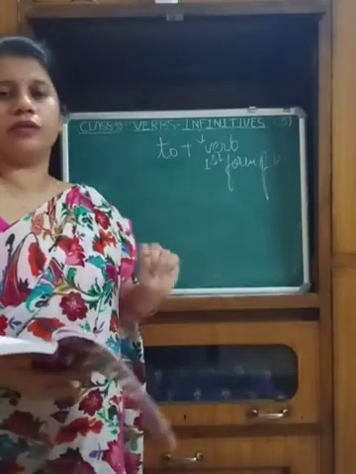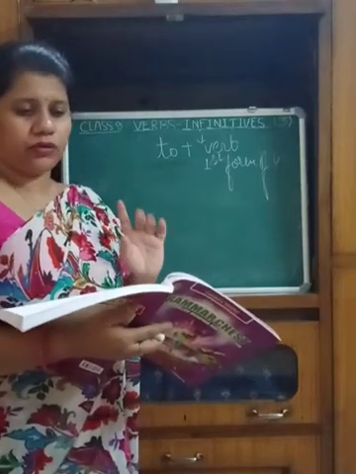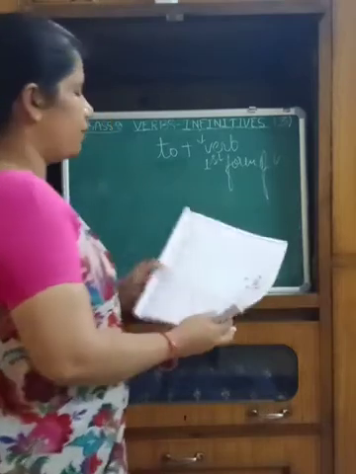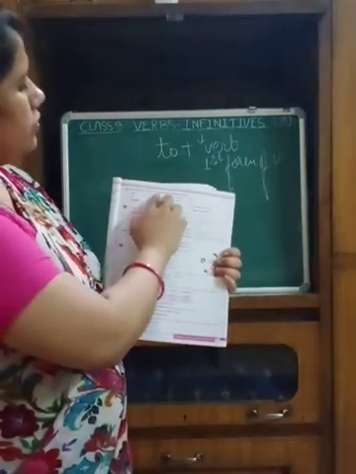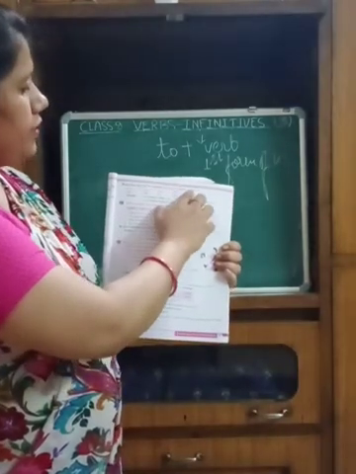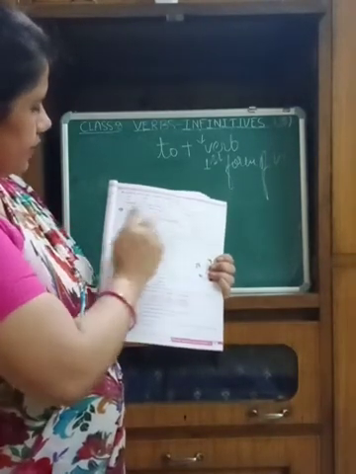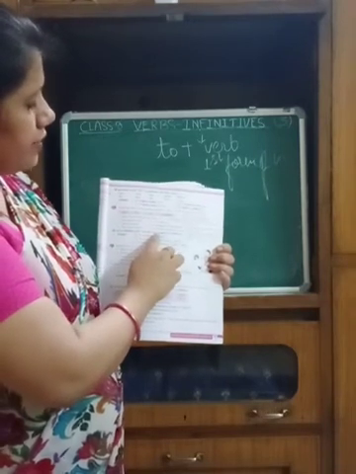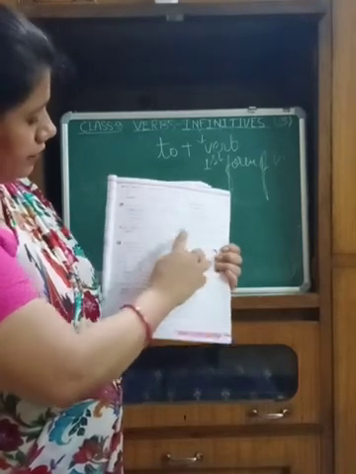We generally use verb plus to infinitive with these verbs, so mark all these verbs and learn them. Second, we use to infinitive after verbs like seem, appear and claim, so underline it.